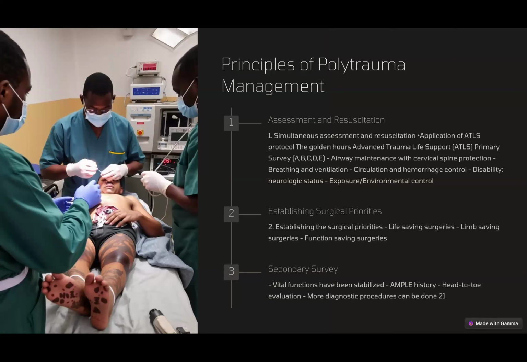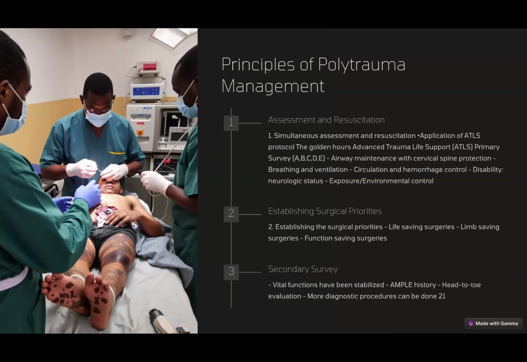They're like different surveys done at different points. So the initial one is a primary survey. Those who've done ATLS know this. So ATLS is Advanced Trauma Life Support. It's taught in surgery in, I think, most schools. And yeah, you can also take it as a separate course.